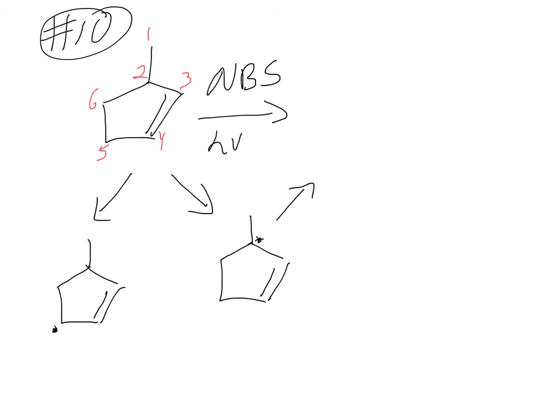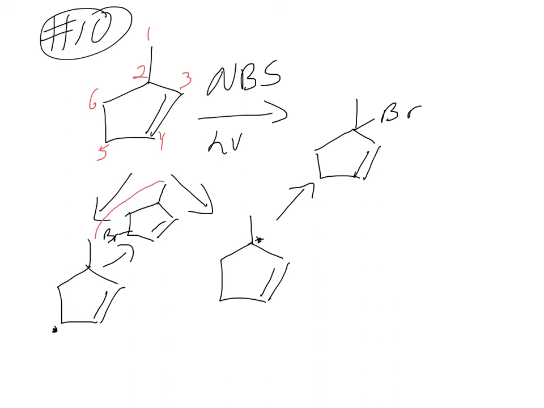So one possibility would be to put the bromine on 2. One possibility here would put the bromine on 5. So we have 1 type, 2 types. So there's 2 products already. We haven't drawn a single resonance structure yet.